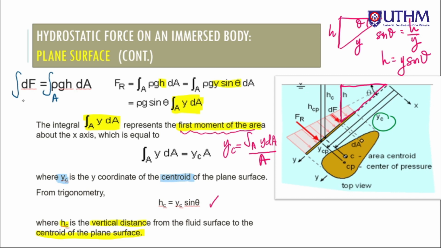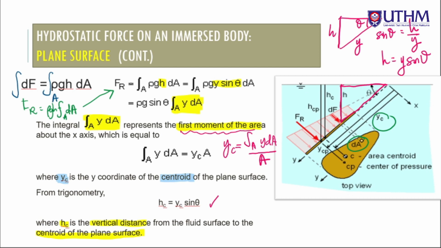So in order for us to find the resultant, kita kena integrate over the plane surface. So kita akan integrate rho G h, integrate dA. Okey. So bila kita ambil contoh kedudukan dA ni, apa yang kita buat sebenarnya, kita akan dapat benda ni. Ini adalah benda ni ya. Okey, just saya rewrite balik.